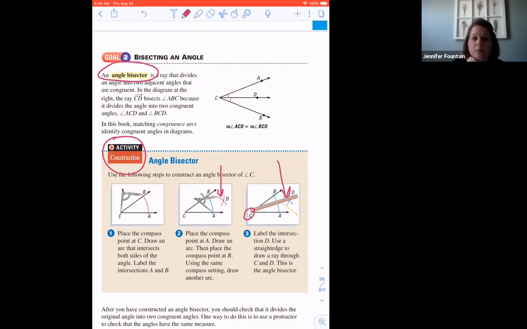If we look at this right here, we know that these 2 angles are congruent because they have said that this angle is equal to this angle. So we know that each of the measures are equal to each other. An angle bisector is something that cuts an angle into 2 equal smaller angles.